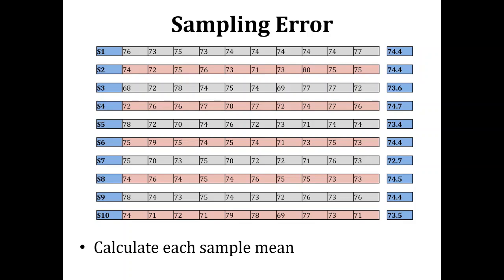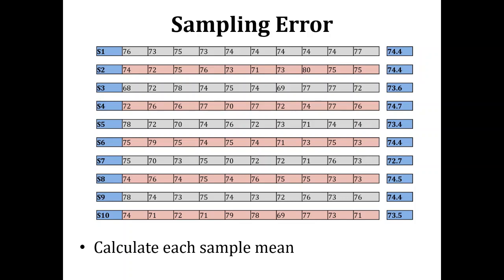So you can see that these samples are giving us different values. There are some values which are exactly similar, and there are values which are closer to each other. But the thing is that there is a variation in these sample means, and this variation is because of the sampling error, right?